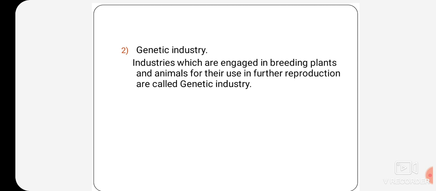For example, cattle breeding farms, poultry farms, and nurseries. Industries which are engaged in breeding plants and animals for their use in further reproduction are called genetic industries. This is about the first part, that is primary industries.